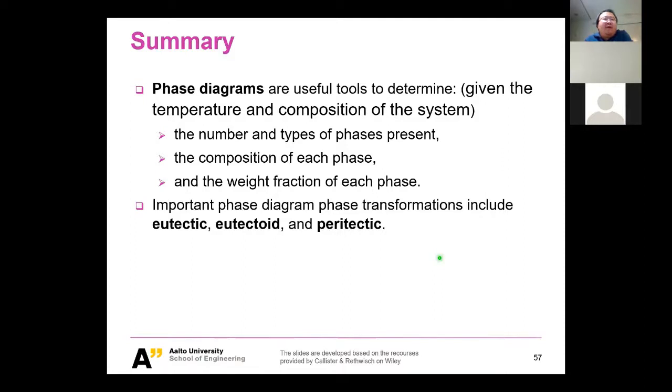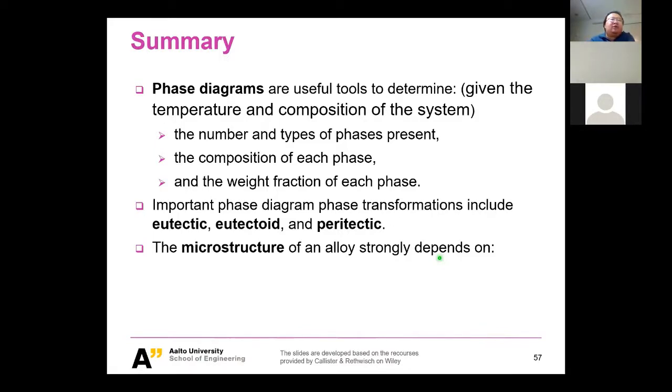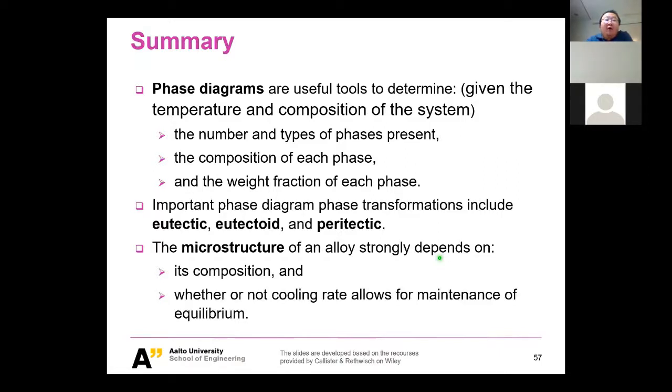In those three phase diagrams, I think you learned three important reactions: eutectic, eutectoid, and peritectic. And of course, you learned how your microstructure will develop while you change different phases. And you also learned the microstructure is strongly dependent on the composition, and also strongly dependent on the cooling rate.